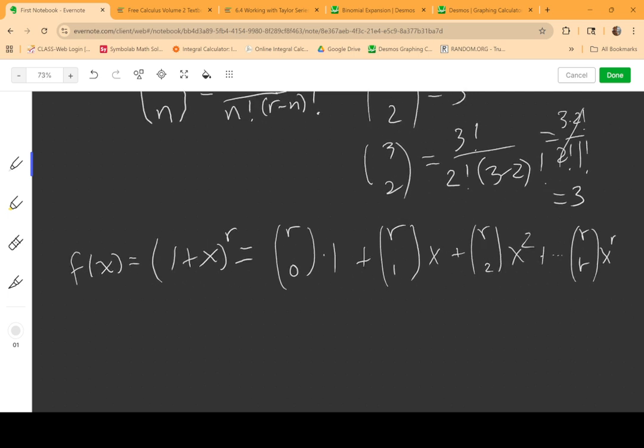Okay, and in our sigma notation, n equals 0 to r, r choose n, x to the n. All right.